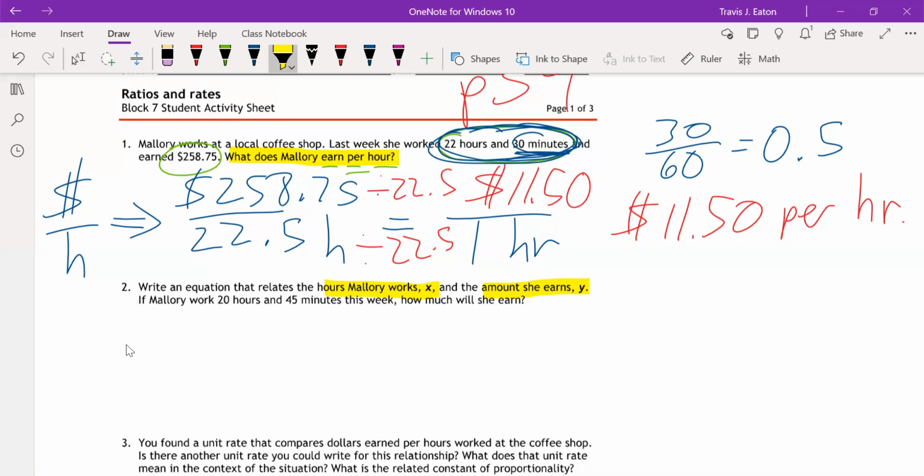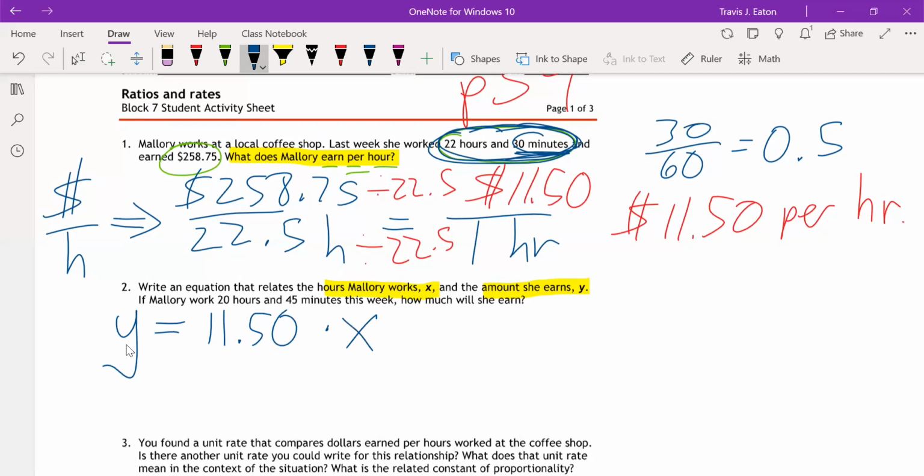The amount of money that she earns is going to be equal to $11.50 multiplied by the number of hours that she works. And in this case, that's X.